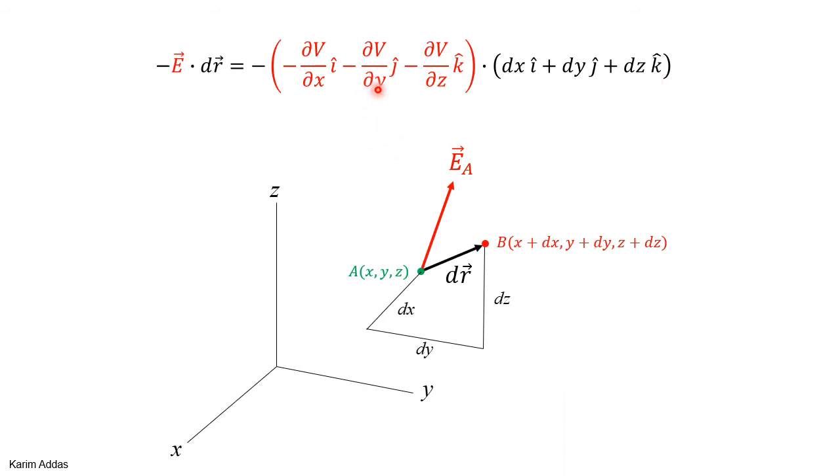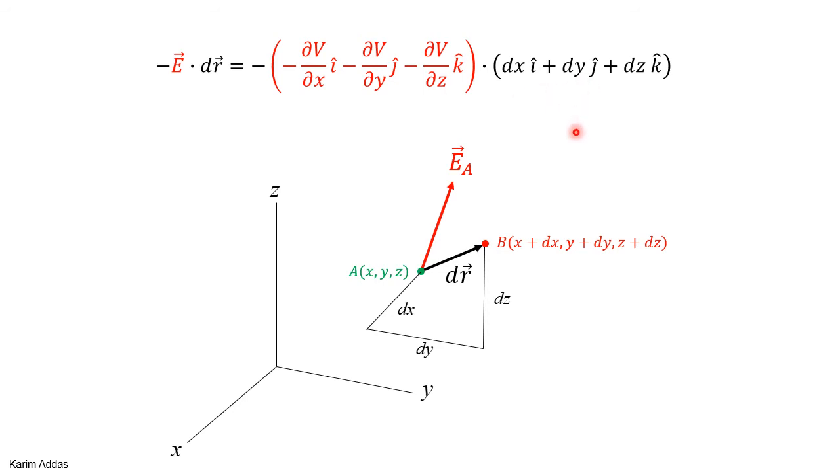Now for the second term, which one will survive when you take the dot product of the second term with these 3 terms? You can show that it's only the second term that will survive, because then you have j hat dot j hat, which is 1. But when you take j hat dot i hat or k hat, you get 0. And the same thing for the third term. When you take the third term dotted into the third term, that survives, but when you take it dotted into the first 2, you get zeros.